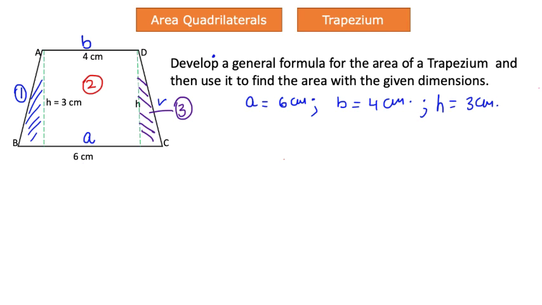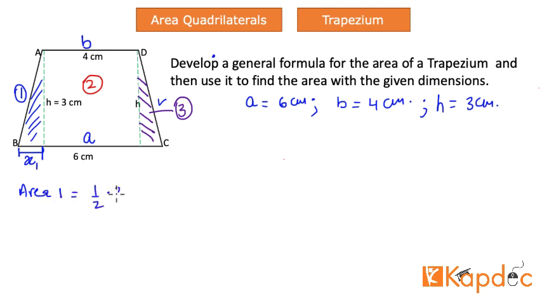Now what is the formula for area 1? Area 1 is a triangle with a height h, and let's say this dimension is x1 units. Now you have the base and the height for a triangle, so area 1 is equal to 1/2 times x1, the base, times the height.